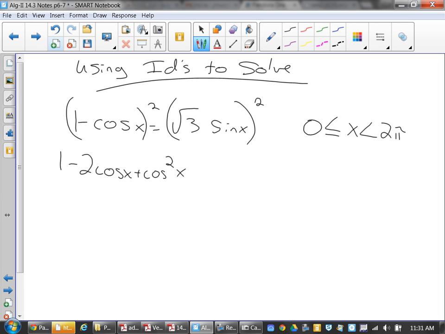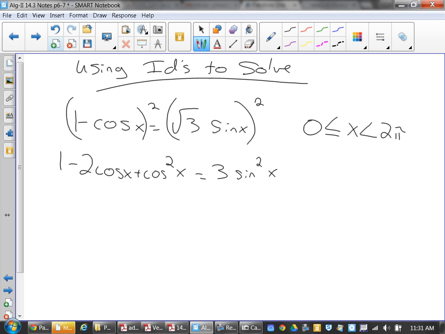On the other side, it's a monomial. There's no addition symbol. So you just distribute your squared term to both. So what's the square root of 3 squared? 3. And what's sine squared? You okay with that?